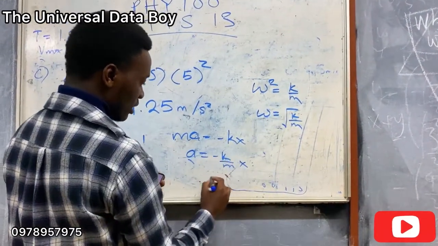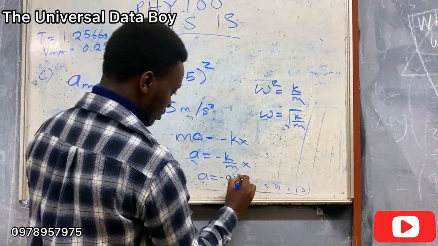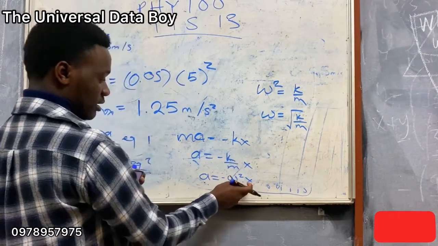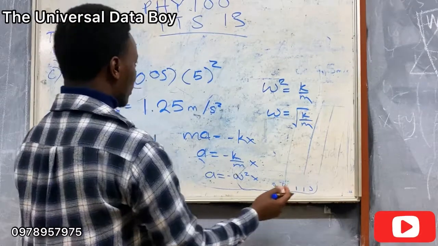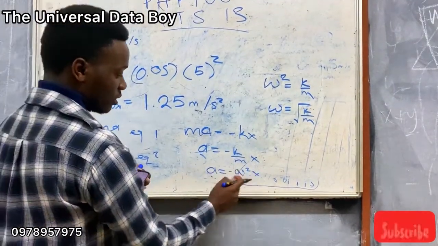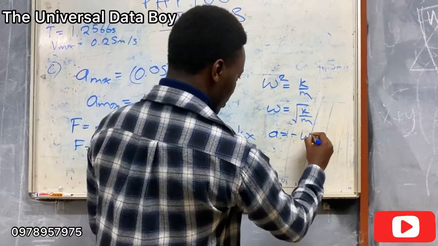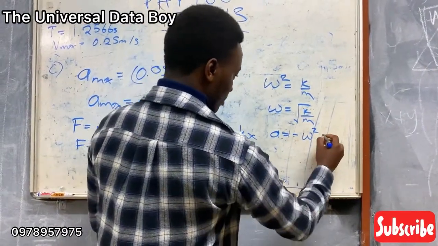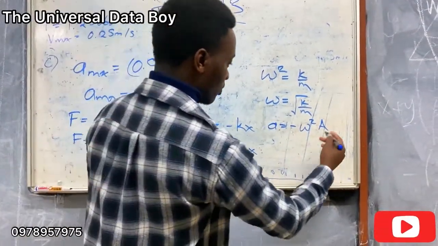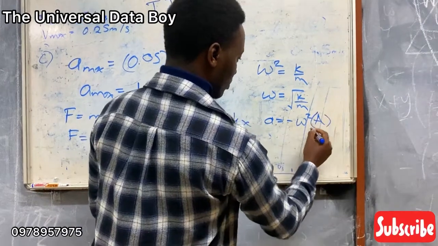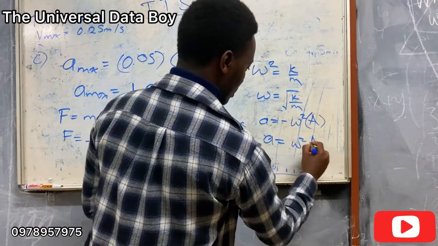So now this one is the same as negative W squared X. The largest number that you can get for X is actually A, the amplitude. So we know that A is equal to negative W squared A. Remember, when A is on the other side, it will be negative A. The maximum acceleration, you can just put the negative there and give us A is equal to W squared A.